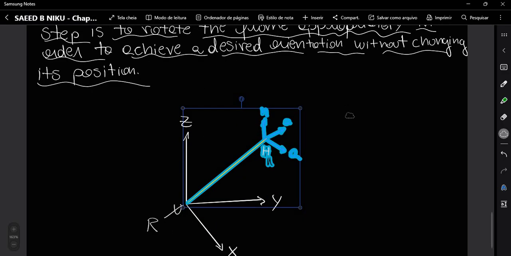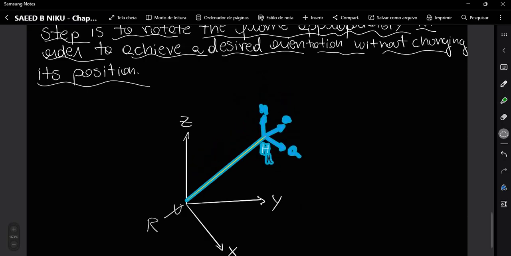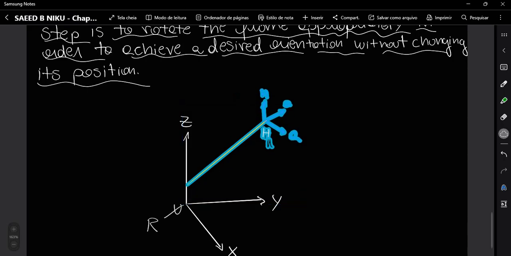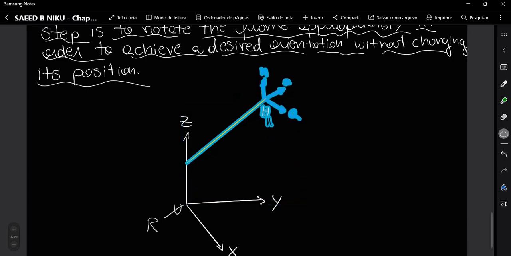But well, if it is fixed, we cannot. Okay, it's fixed, but I'm saying that you can do translations.